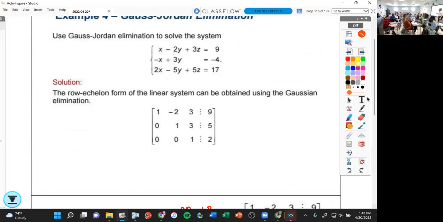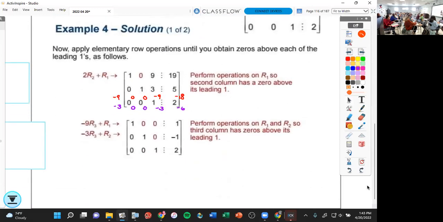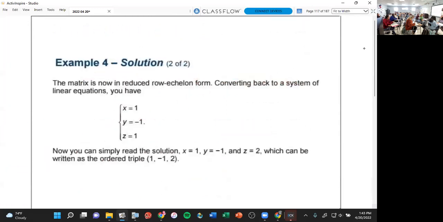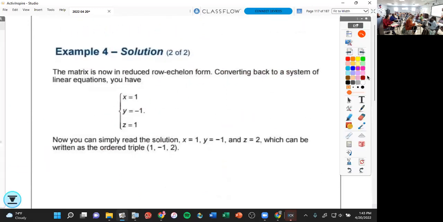So because I know that z is 2, I can take that 2 and plug it in right here, which gives me 0x plus 1y plus 3 times 2 is 5. And then I can solve for y. And then I can take my x and y values and plug them into this one, back substitution. That is better if you go ahead and perform reduced row echelon form, and you get the answer. So that is the solution.